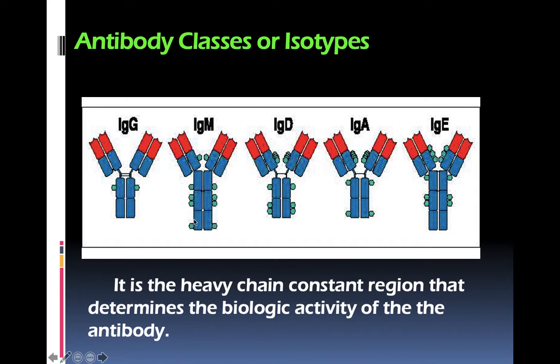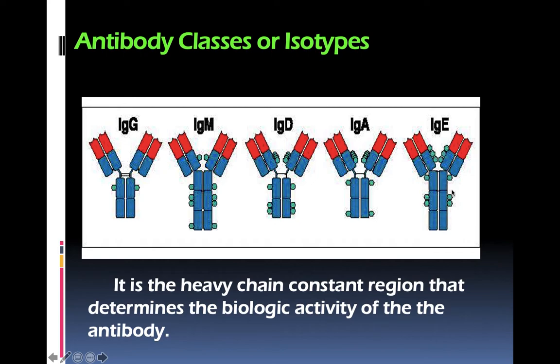I mentioned a while ago that the constant region of the heavy chain can have 3 to 4 domains, like for the case of IgM relative to IgG. We also have differences in the oligosaccharide side chains.